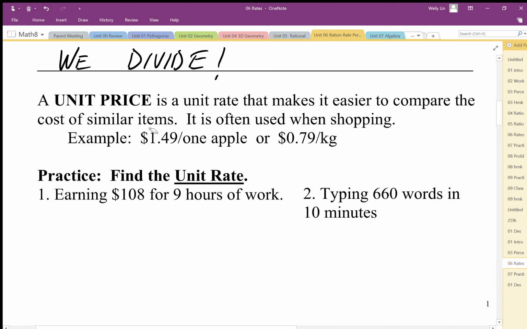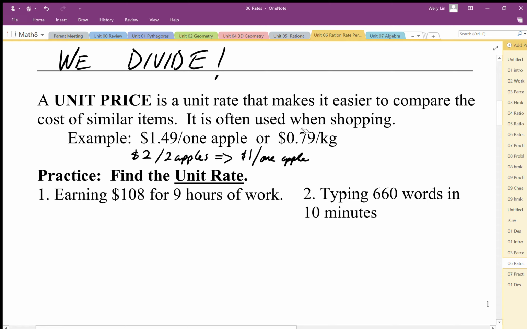So if I had something that cost $1.49 per apple, and I had another that costs, for example, $2 for 2 apples, these are a little bit hard to compare, but if I convert this into a unit rate of $1 per 1 apple, okay, so in one situation I'm paying $1.49 for 1 apple. In another situation I'm paying $1 for 1 apple. We can now compare these two rates to see which is the better deal.